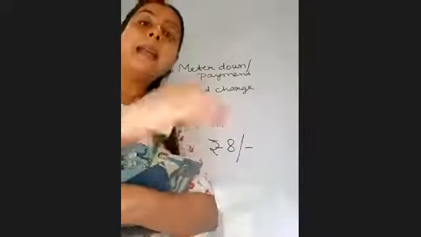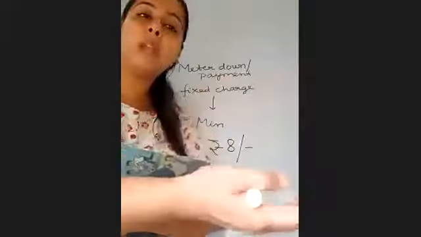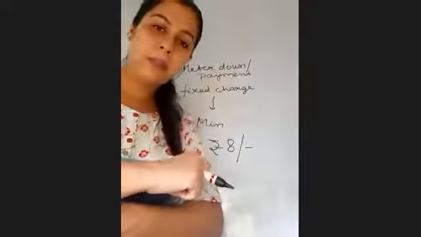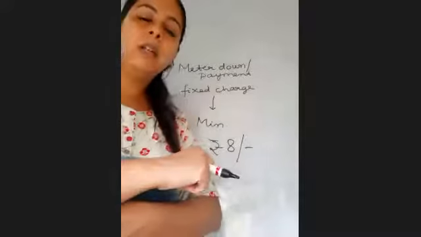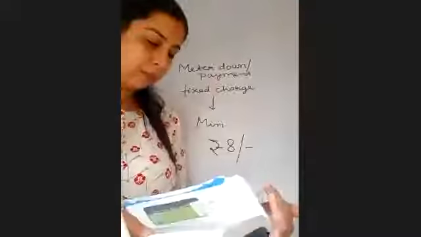And subsequent distance means after that, suppose you are covering 1 more kilometer. For that next kilometer, you just need to pay ₹5. That is what is given in the question.